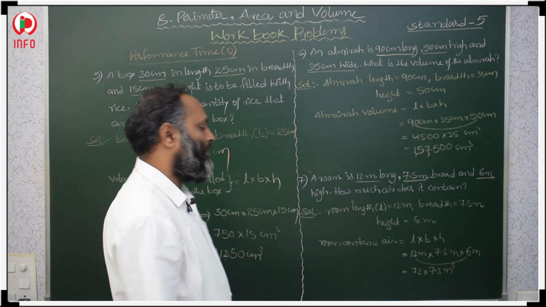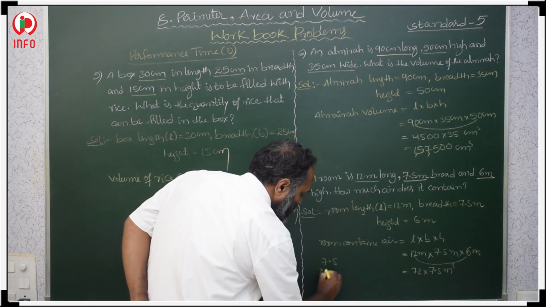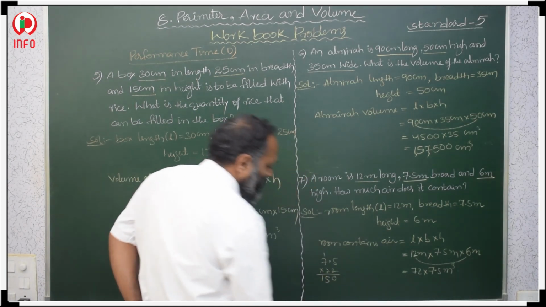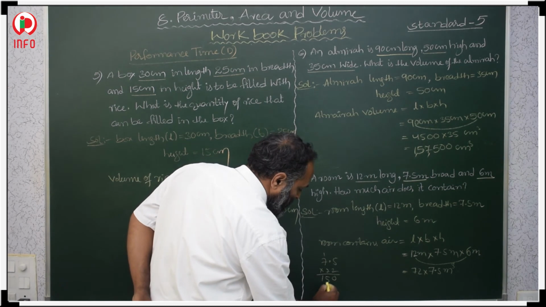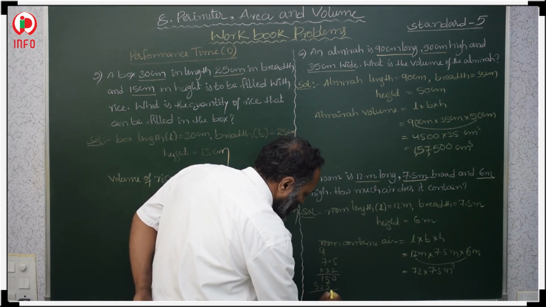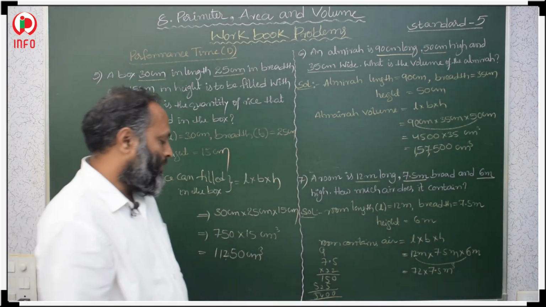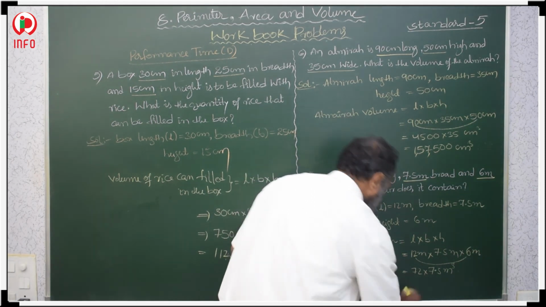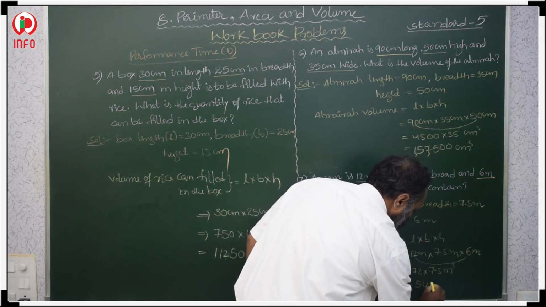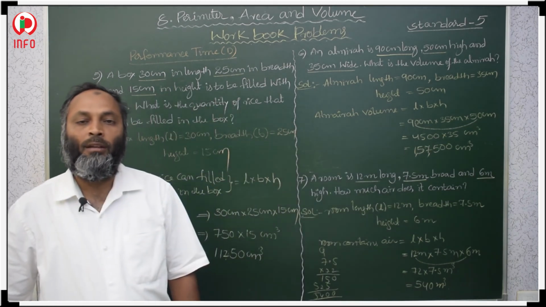Then 7.5 we have to multiply with 72. 2 5s are 10, 2 5s are 14, 15. 7 5s are 35, 3, 49, 52. 0, 10, 4, 5. After 1 digit, that is 540 meter cube.